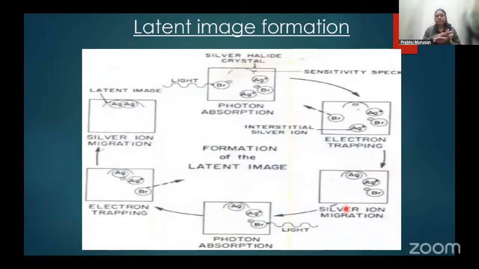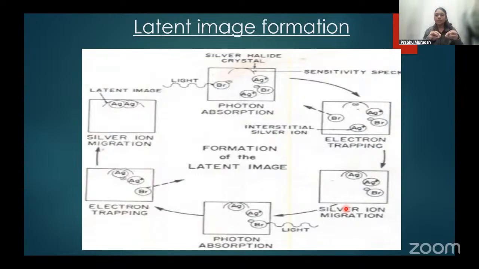So the silver halide crystals, or the silver bromide, will be present scattered on the X-ray film. And what happens is whenever the X-ray photons are absorbed, it will try to create something. One more thing I wanted to mention here is that the silver halide crystals will be coated with silver particles.